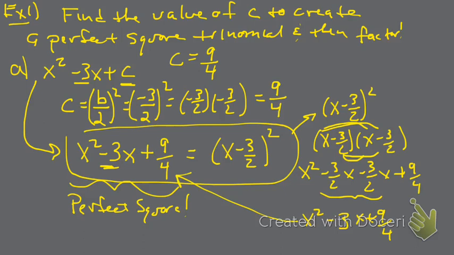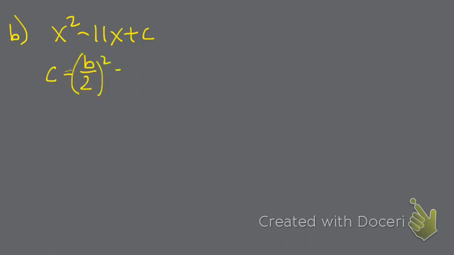So actually, this is quite useful. We can change a quadratic into something that we can pretty much easily factor. Let's do one more example, because I always thought this was challenging the first time I saw it. Let's look at x squared minus 11x plus c. If I want to know the c value, I'm going to take the b value, cut it in half, and square it.